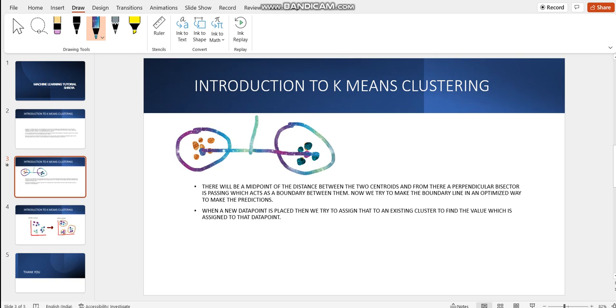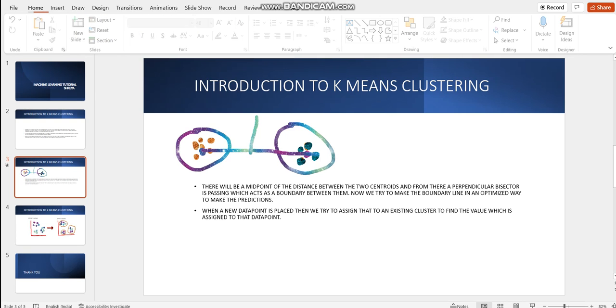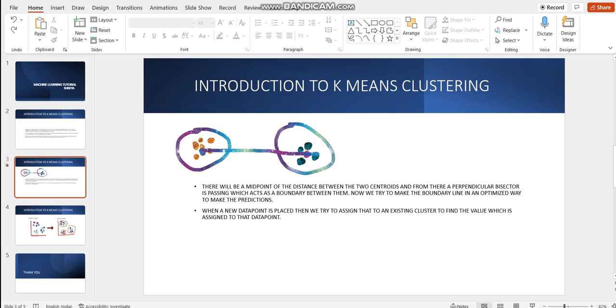Perpendicular bisector means that it should be at 90 degrees. So from here we can say that the perpendicular's right side shows one cluster, and the left side shows a different cluster. So this is what exactly a bisector does in K-means clustering.